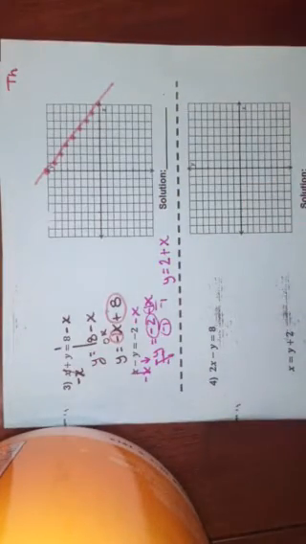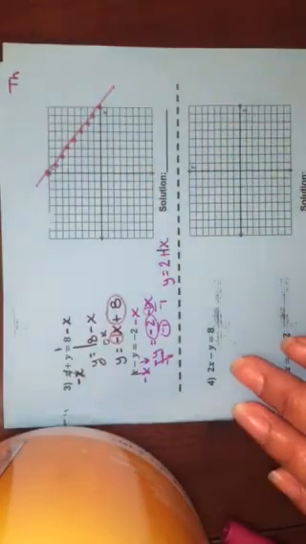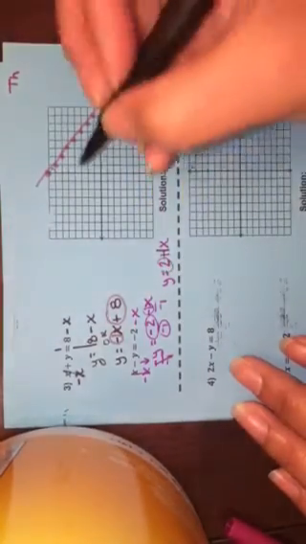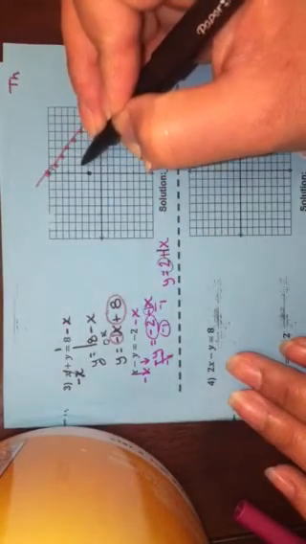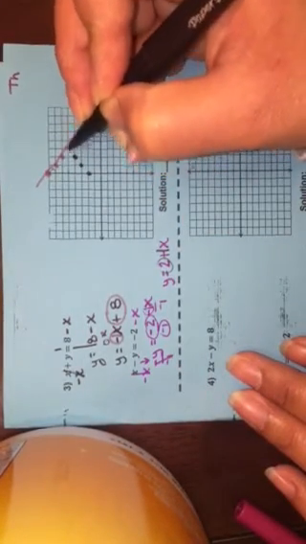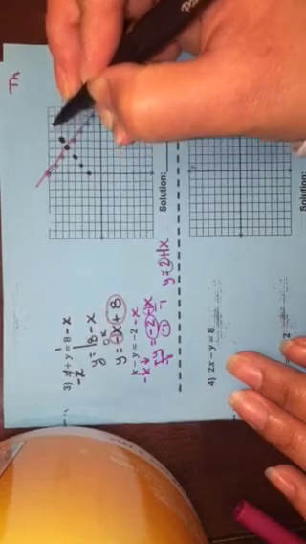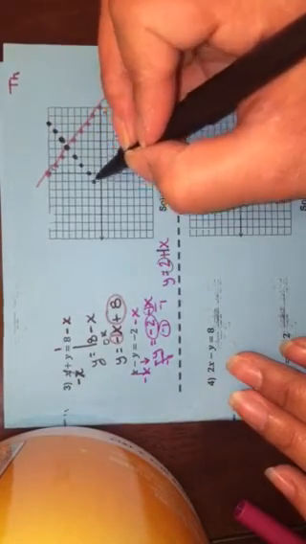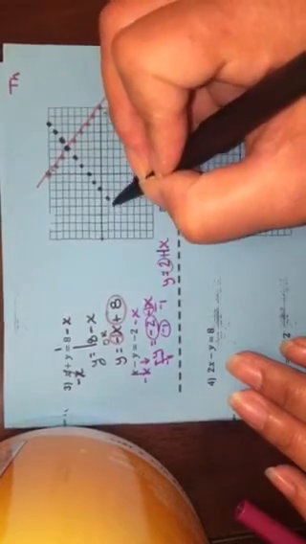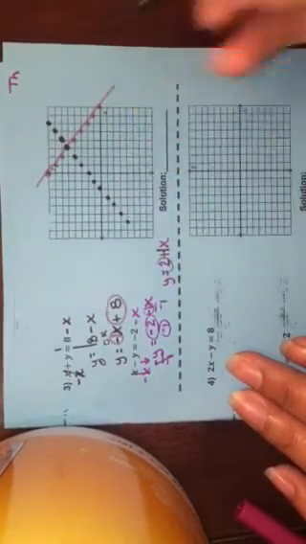So your slope here is 1, your y-intercept is 2. So I'm going to go to 2, and then I'm going to go up 1, right 1. And I can also, instead of up and right, go down and left, just so that I can get my line more accurately. There it is.